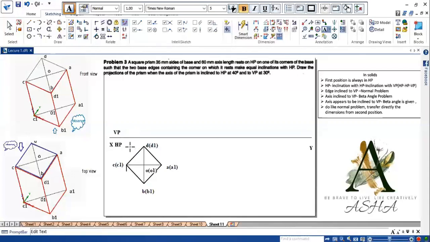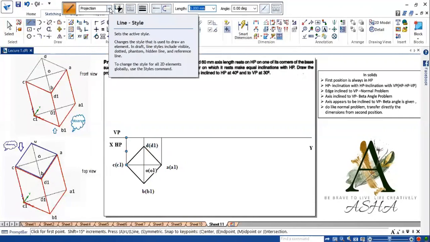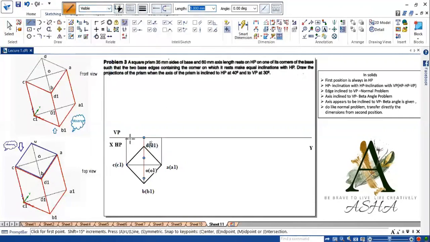Now use the line option, project C and B onto the XY line, again A to the XY line. Now when I am viewing from the front, I can see the height as well as the length. So go for visible. From C, the height is 60.